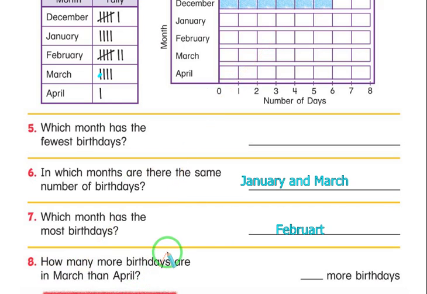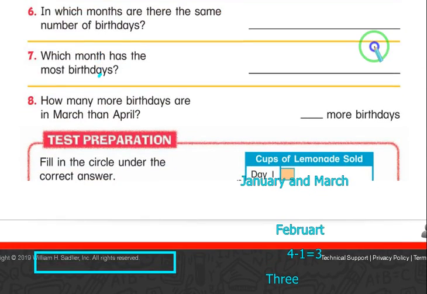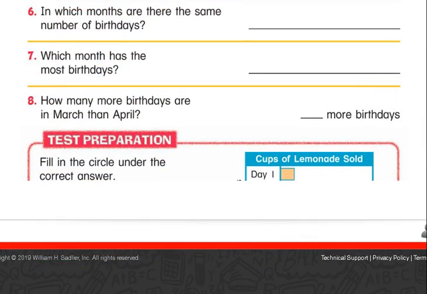So please don't forget that each time you read the phrase how many more, you have to make a subtraction process. So 4 minus 1, the answer is 3. So we write 3, and then we write the word name of 3. So 3 more birthdays.